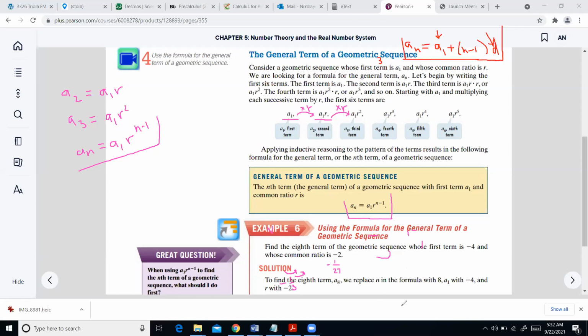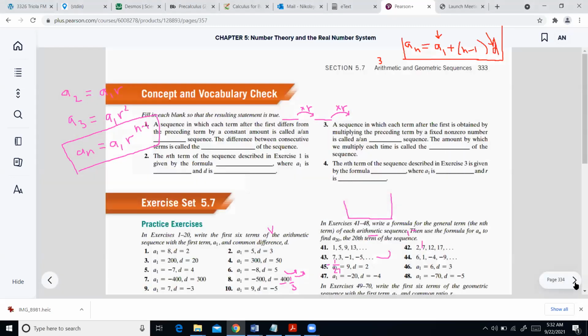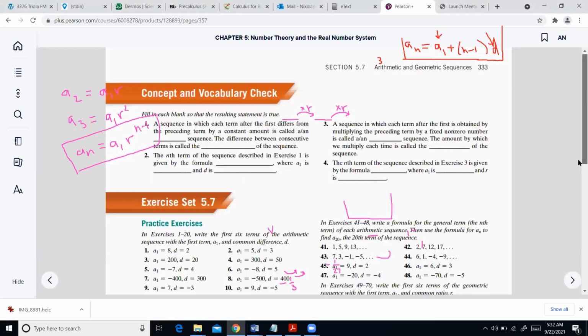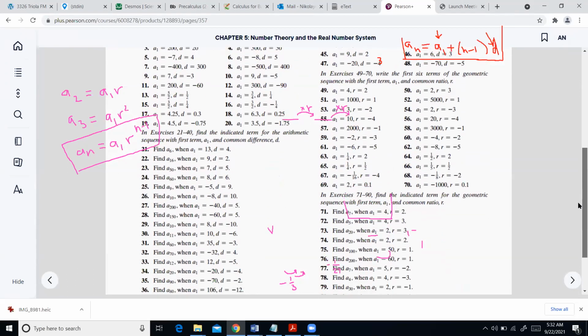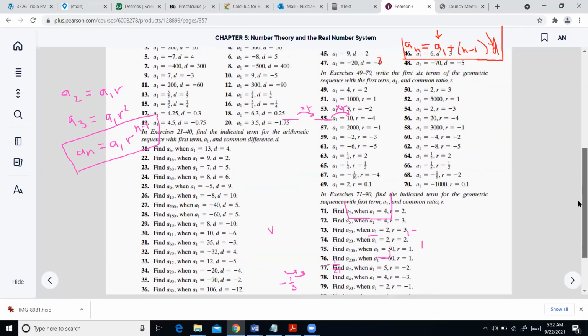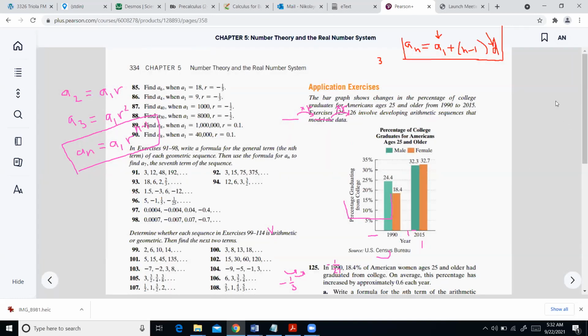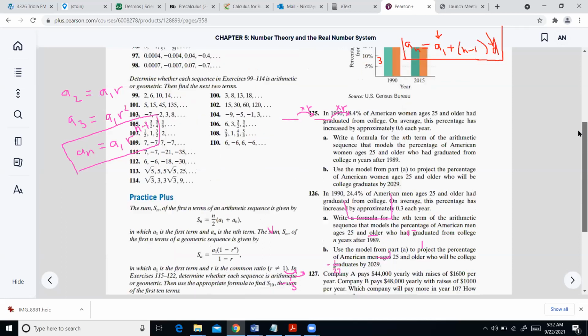So let me get this formula in use. I'm going to the section end, and let's do some problems in the next group of exercises that talks about geometric sequences. So for homework, you just need to worry about the first page here, because the next page already has practice plus stories.